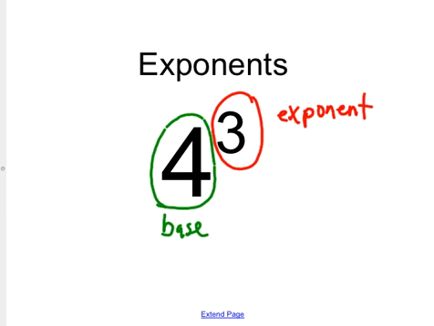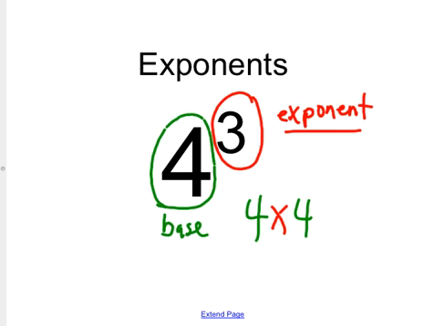Exponential form allows us to repeatedly multiply the base times itself, however many times the exponent tells us to do that. So essentially it's repeated multiplication, and that's an important idea. What I'm doing is repeatedly multiplying the base times itself 3 times.